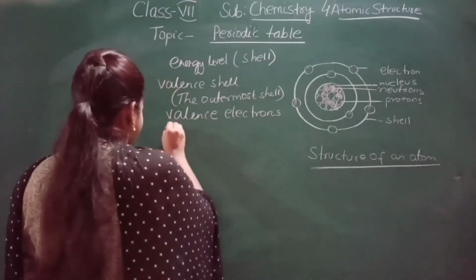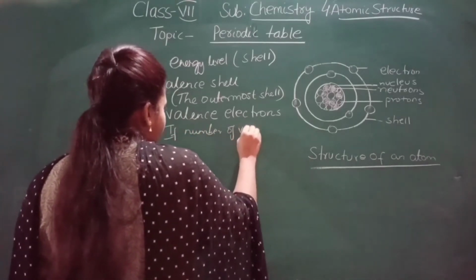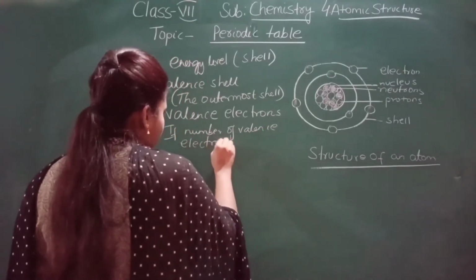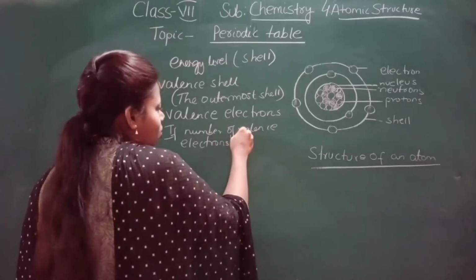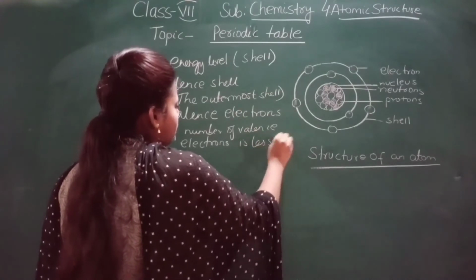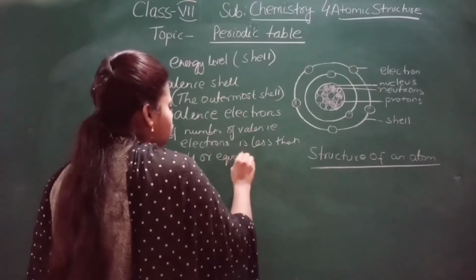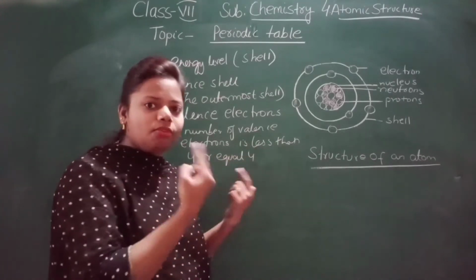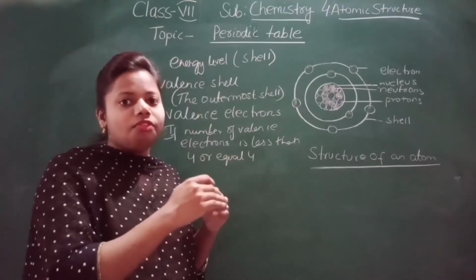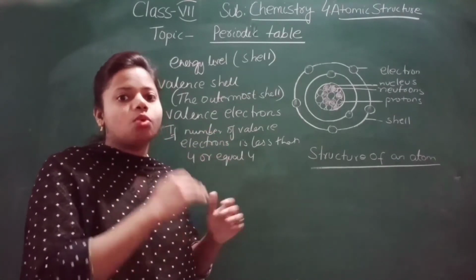If the number of valence electrons is less than 4 or equal to 4, then that will be the valency of the particular element. And if the valence electrons are more than 4, in that case what do we have to do?